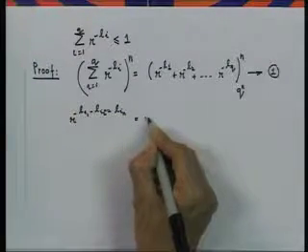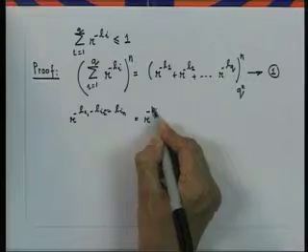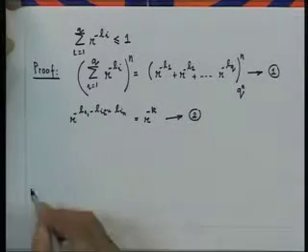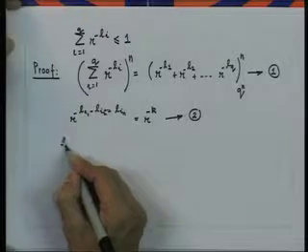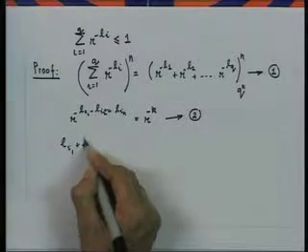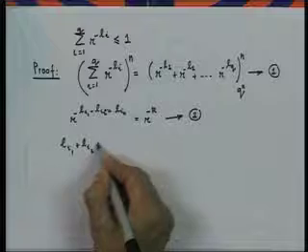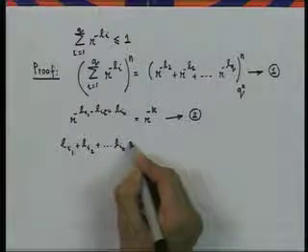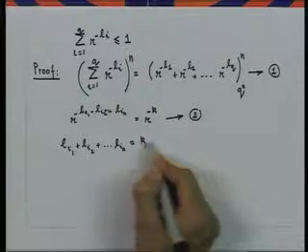This will be equal to r raised to minus k, where by definition l_i1 plus l_i2 plus l_in is equal to k.